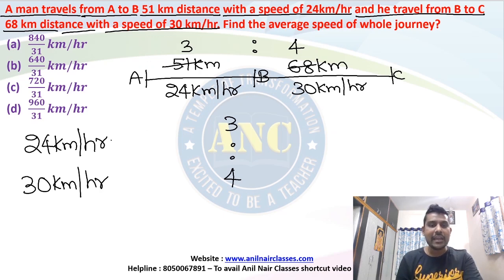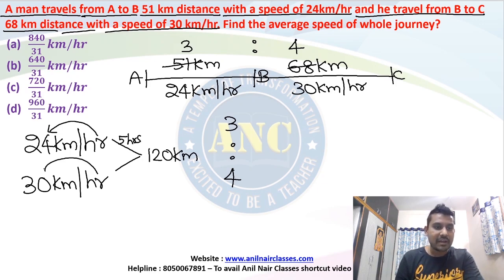I know the distance is constant, so I will assume the distance as LCM of 24 and 30, which is 120 kilometers. In 1 hour 24 to cover 120 it is 5 hours. In 1 hour 30 to cover 120 it is 4 hours.